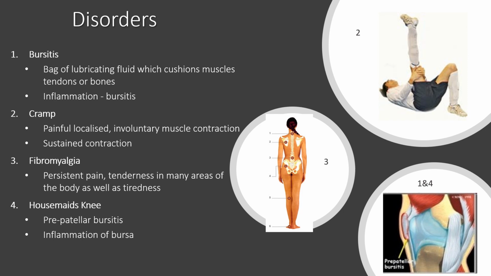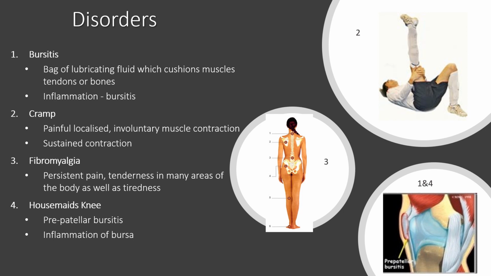Cramp is a painful, localized, involuntary muscle spasm or contraction. A sustained contraction. We don't really know what causes it. It could be a lack of salt, could be overexercise, but cramp is painful, localized and involuntary.